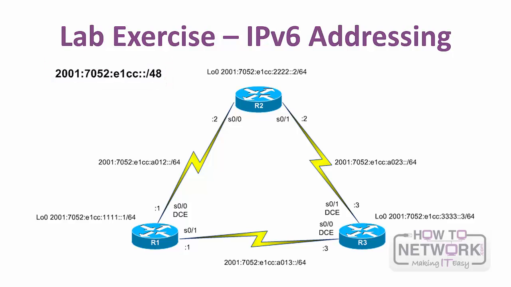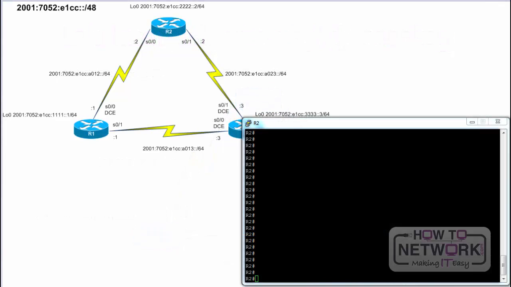The /48 network is divided into 6 /64 subnets: 1111, 2222, 3333, A012, A013, and A023. Now we will jump to the lab exercise, in which we will demonstrate basic IP address configuration between two routers.